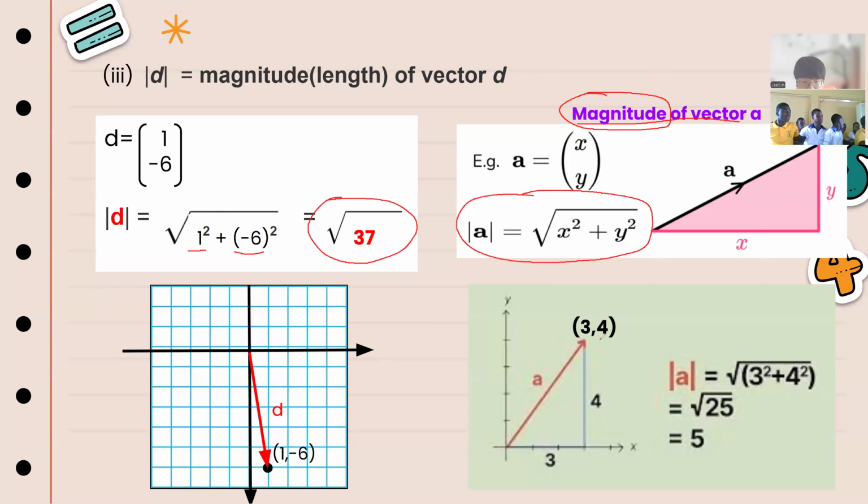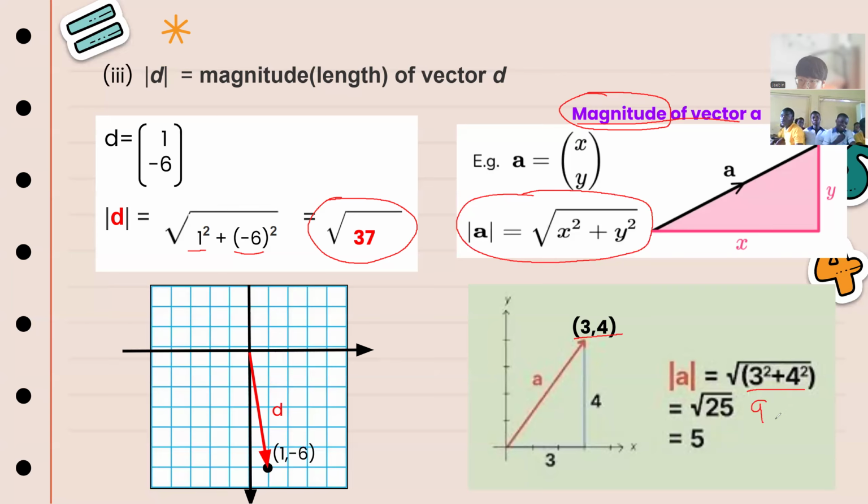Okay, finally, let's have another example. If the question asks, find the magnitude of the vector (3, 4), what will be the answer? It will be the square root of 3 squared plus 4 squared.